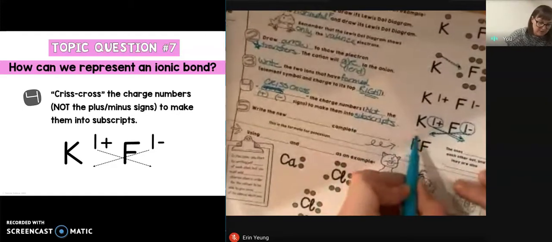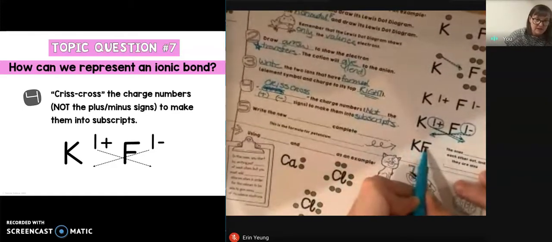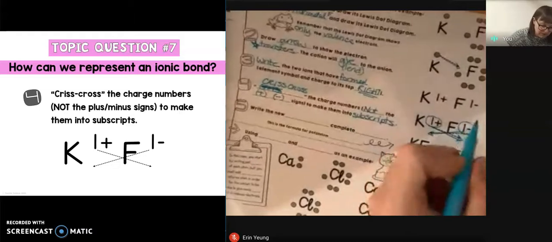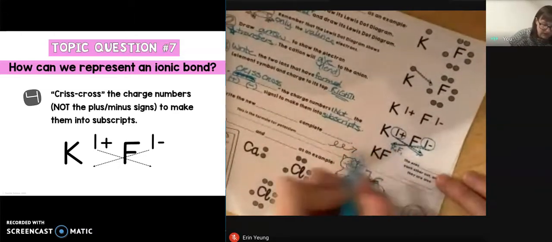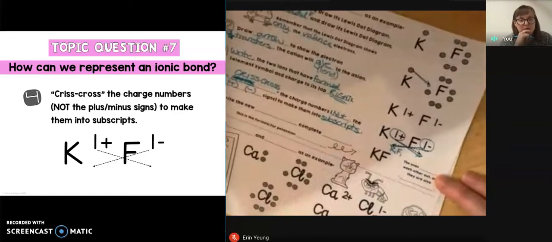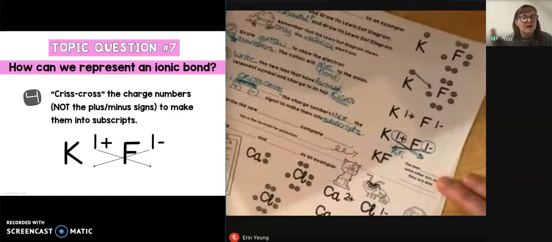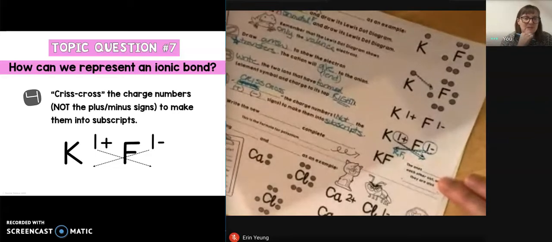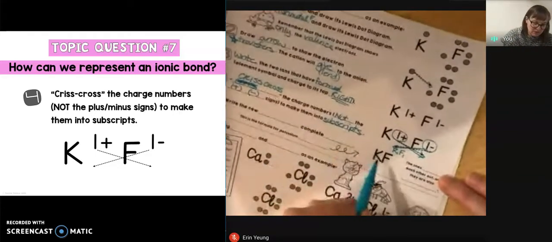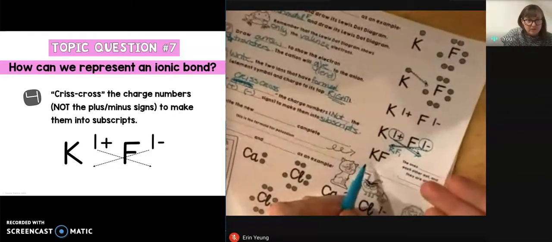So our compound is going to be KF. And the reason why we don't have little ones here, because normally our middle step would be that we'd have K1F1. But if you remember earlier, I told you we're not really in chemistry, we don't write ones. So because they don't write the ones, if you've written the K, obviously there's 1 of those there.